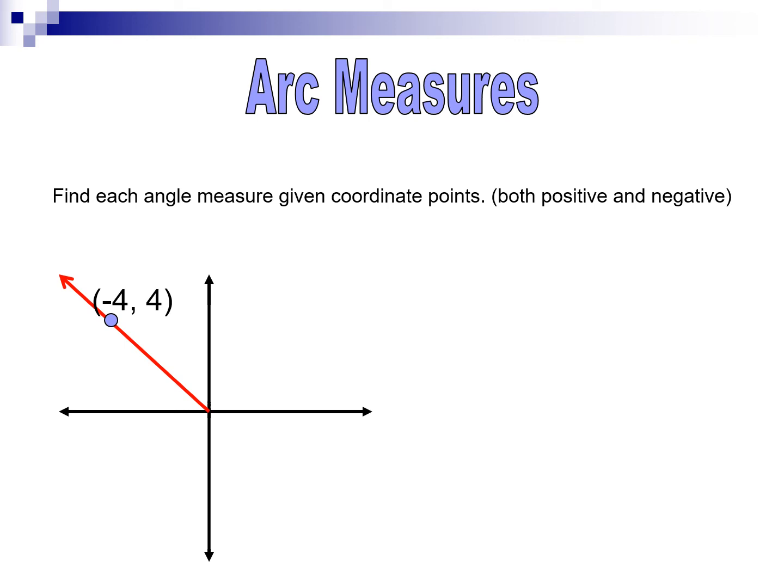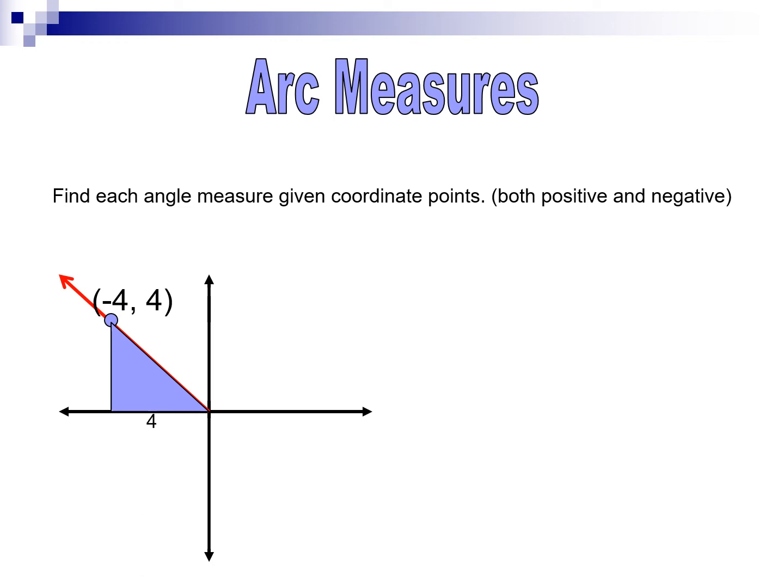Now we have to find the measure of that angle. To do so, we have to draw in a triangle, and then worry about the distances of the legs of that triangle.